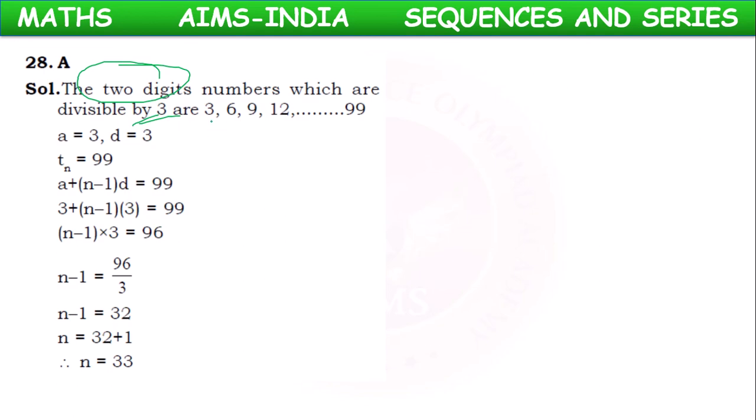So actually if we take from 3: 3, 6, 9, 12, all multiples of 3 up to 99, they are divisible by 3.